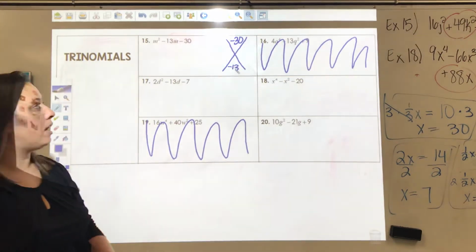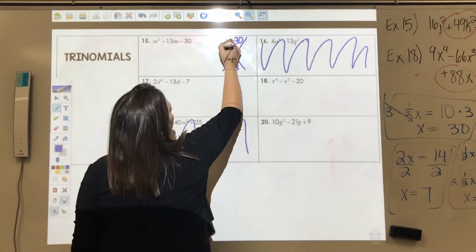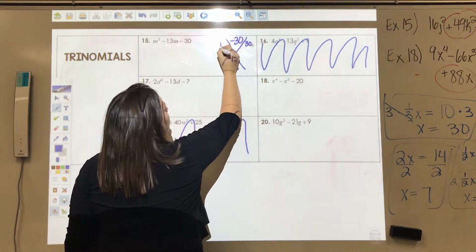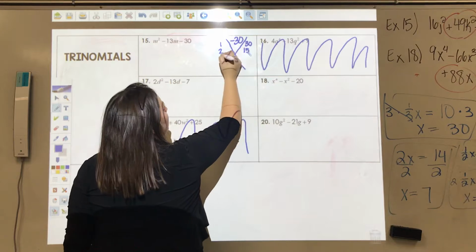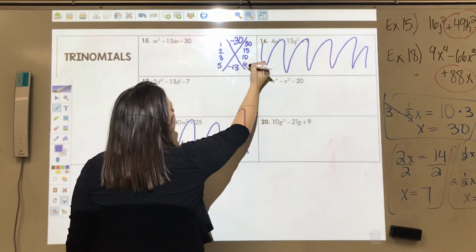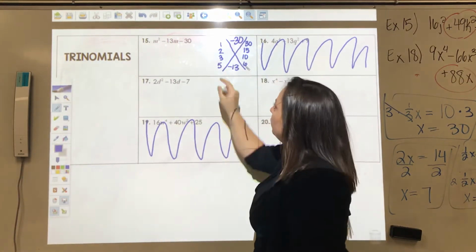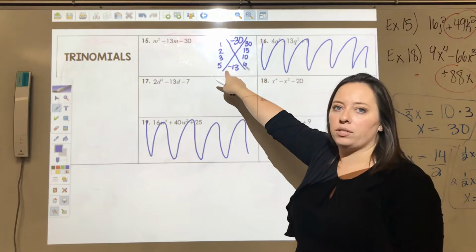From there, I list the factors of 30. So I start at 1: 1 times 30, 2 times 15, 3 times 10, and 5 times 6. Out of those pairs, we're trying to figure out which combine to be a negative 13.